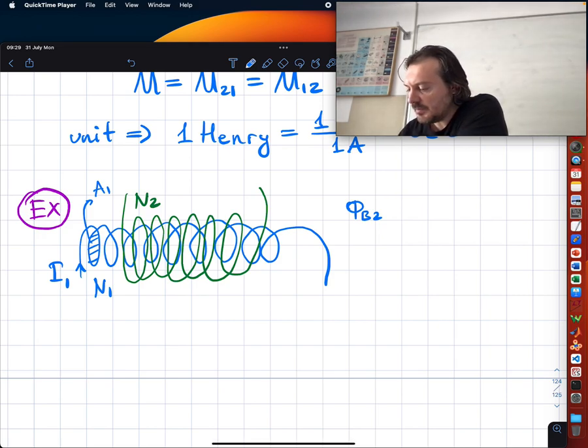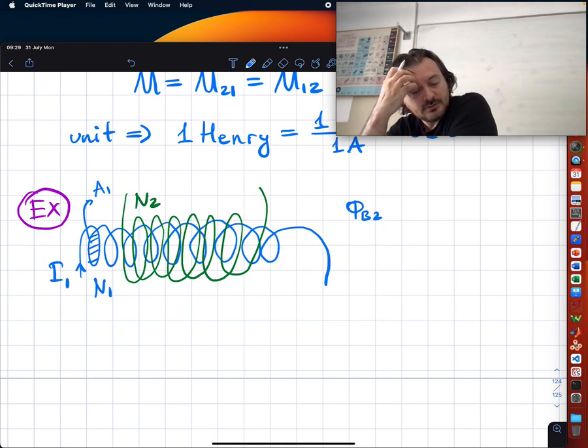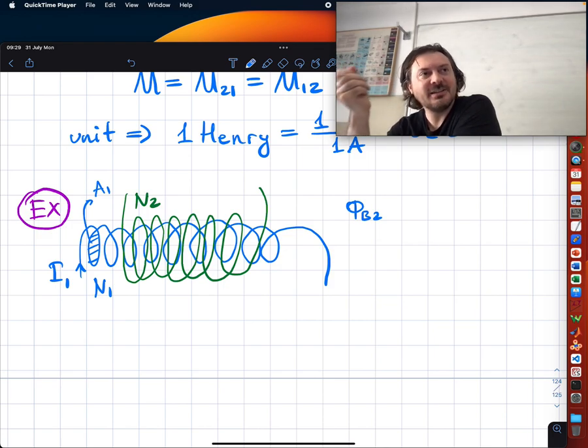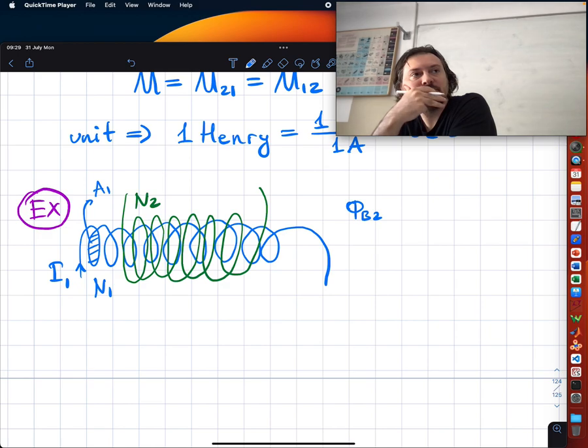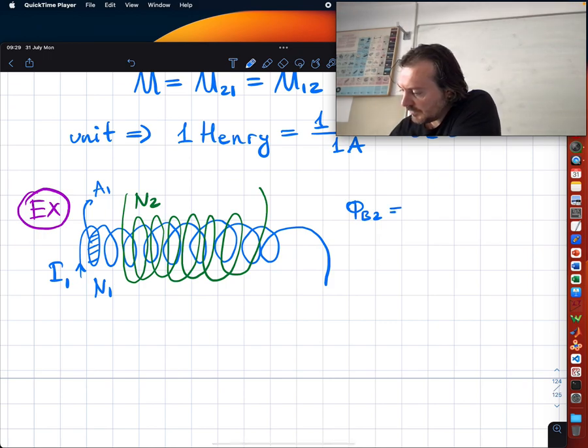Do you remember the magnetic field generated by the solenoid? Anyone? Yes. So let me just start with magnetic field.